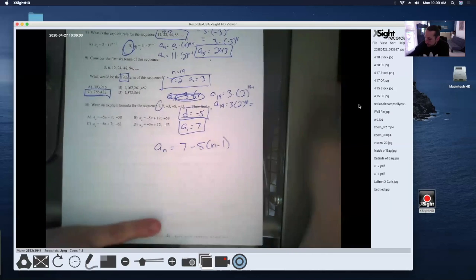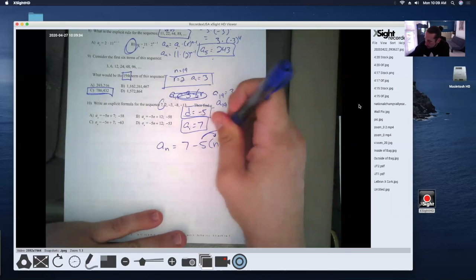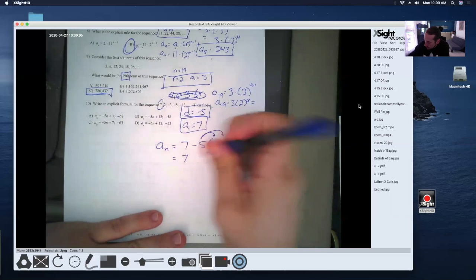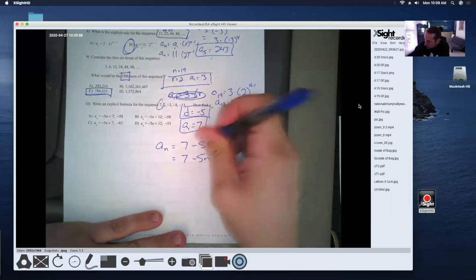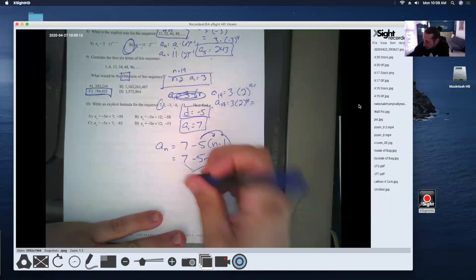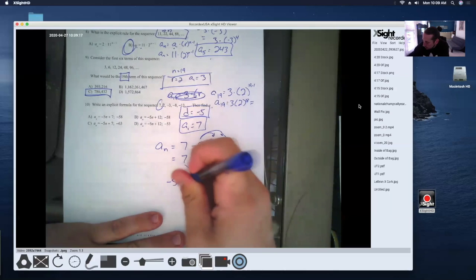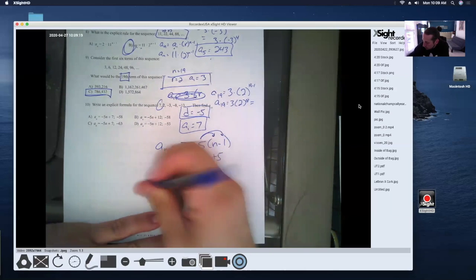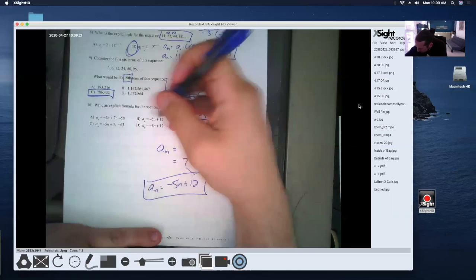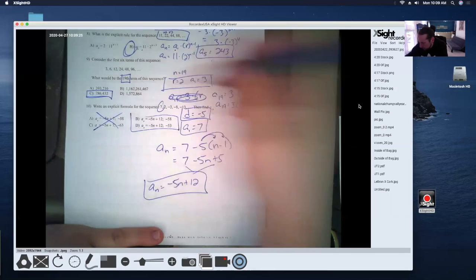All right, so we're going to have the formula out. So we have to distribute the -5. It's going to give us 7 minus 5n, and -5 times -1 gives us +5. Combine like terms gives me -5n plus 12. And that's my formula. So that cancels those out. So it has to be one of these two.